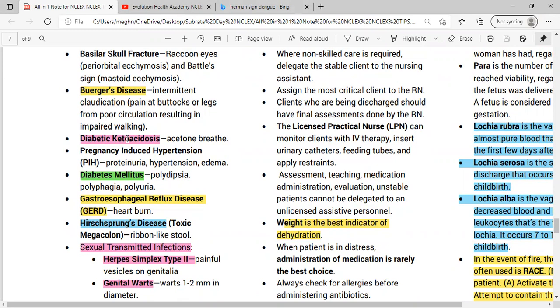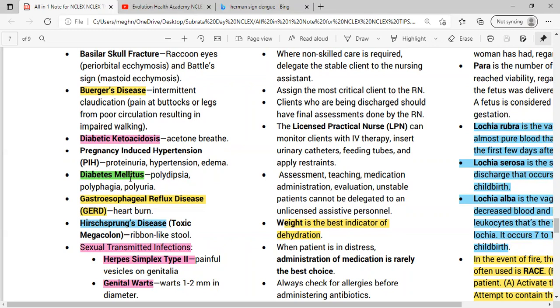In case of diabetic ketoacidosis, we find acetone breath. Ketone bodies, acidic substances, accumulate in the body, and there is fruity-smelling breath. Pregnancy-induced hypertension: proteinuria, hypertension, and edema.